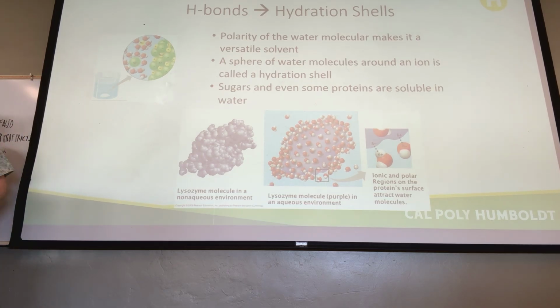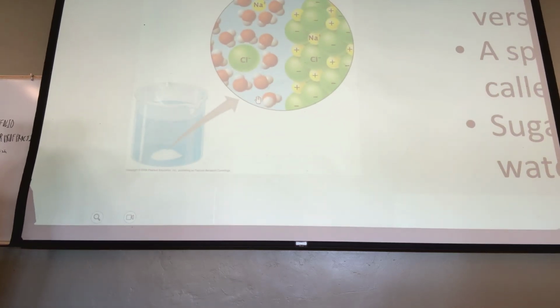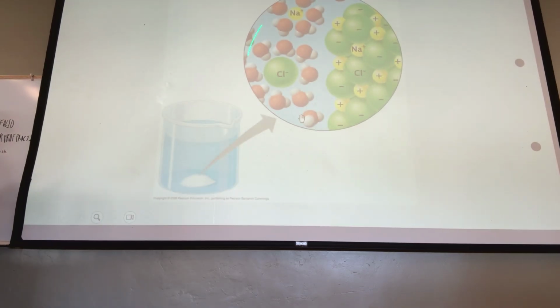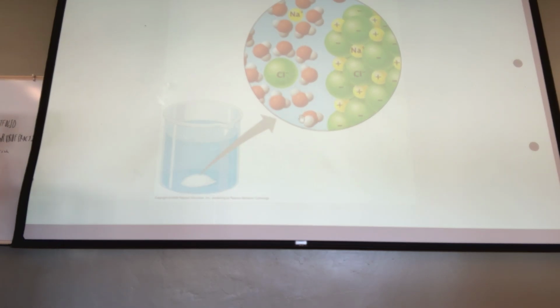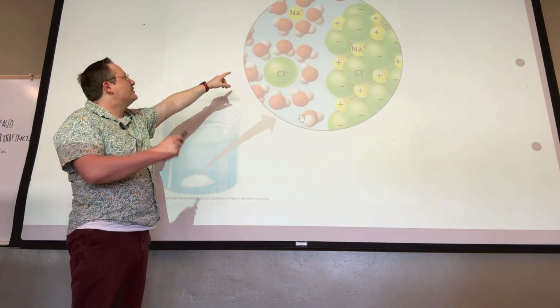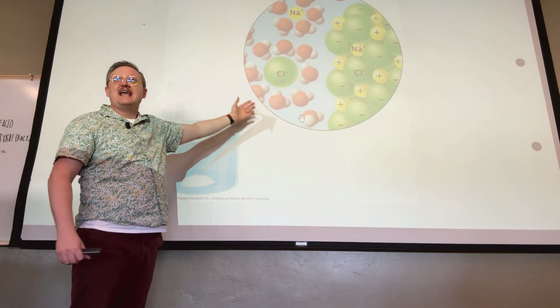So some things are super soluble in water, like polar molecules or ions. So right here, if you drop sodium chloride into a little beaker, it can dissociate into its constituent ions. And because water's polar, water can interact with both the positively charged cation and the negatively charged anion.